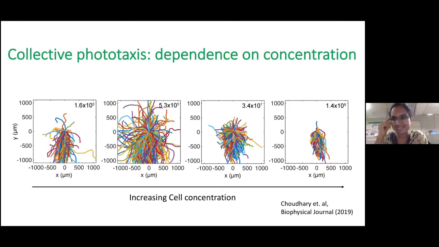But the sine theta potential that you put, theta is the angle with respect to the light source? When you put a gamma sine theta, what that is telling you is it's asking the cell to align along 0 degrees, going towards the light source. Yeah, the light source is placed at 0 degrees. That is the convention.